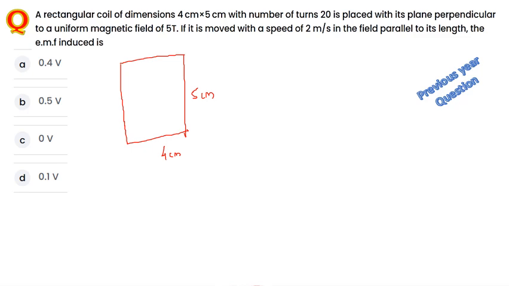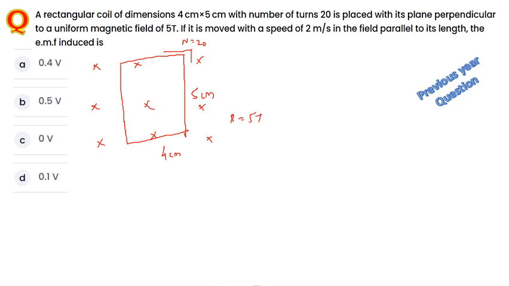The number of turns n is equal to 20, placed with its plane perpendicular to the uniform magnetic field, and they have given B is equal to 5 Tesla.